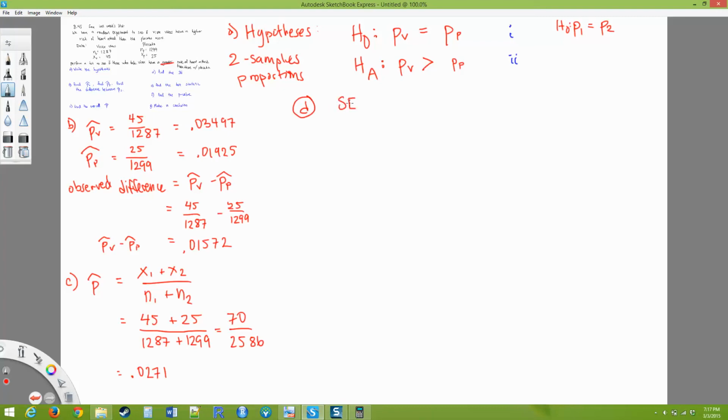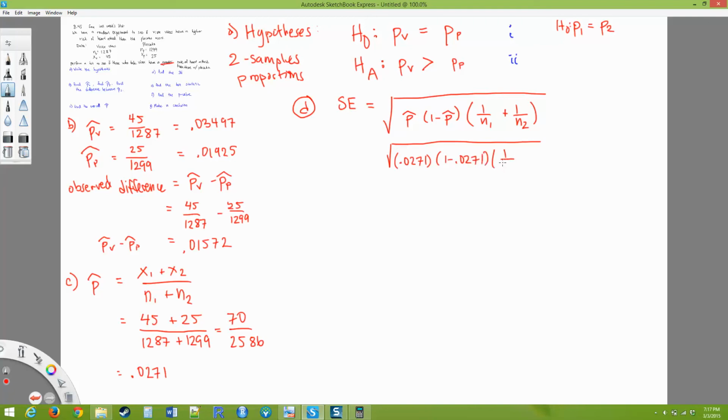The standard error for our next step is given by the square root of P hat times 1 minus P hat times 1 over n1 plus 1 over n2. So I'm going to use 0.0271 times 1 minus 0.0271 times 1 over 1287 plus 1 over 1299, and I take the square root of everything here.